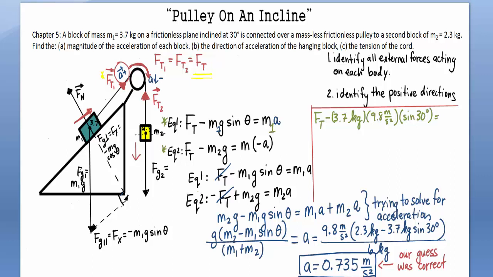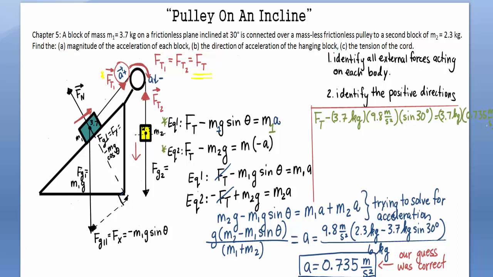Let me make that clear. That's equal to the mass of number 1. So the mass of 1 is 3.7 kg times our acceleration, going off my whiteboard, 0.735 meters per second squared.